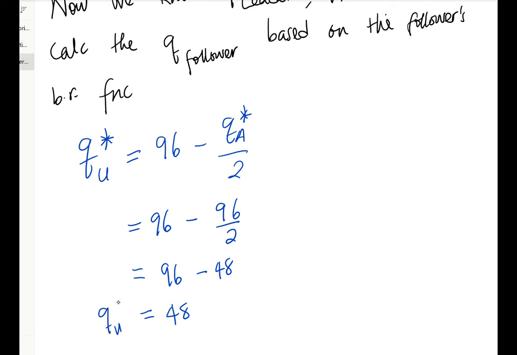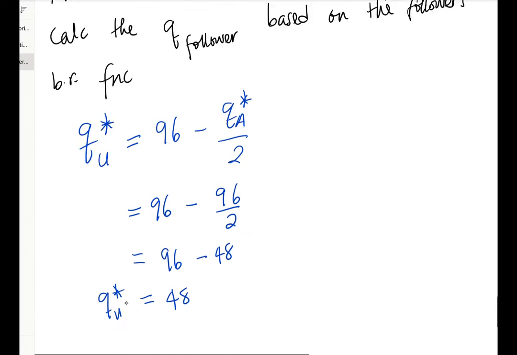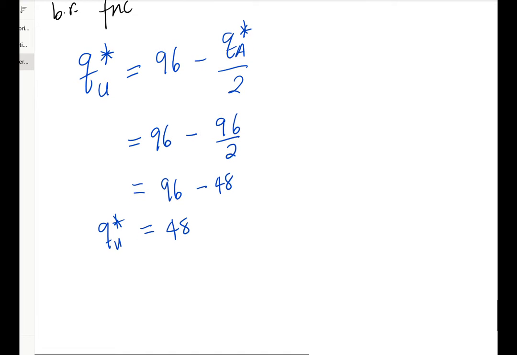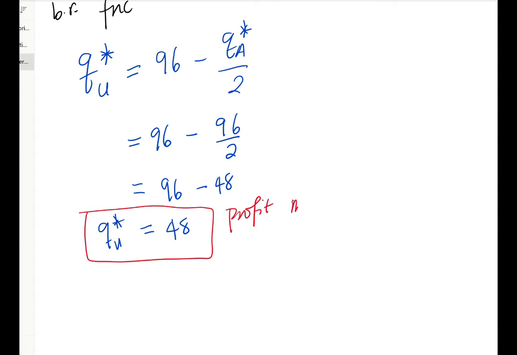This is the Q star, the profit maximizing quantity for the follower, who is United in this scenario. For consistency, I'm going to say UA because that's what I've been calling them.